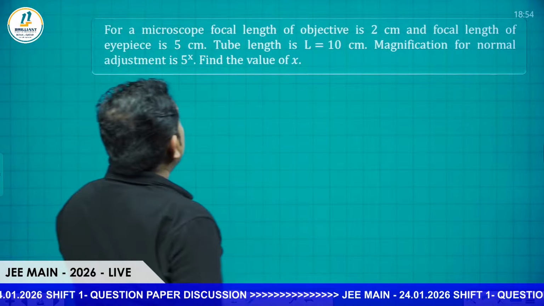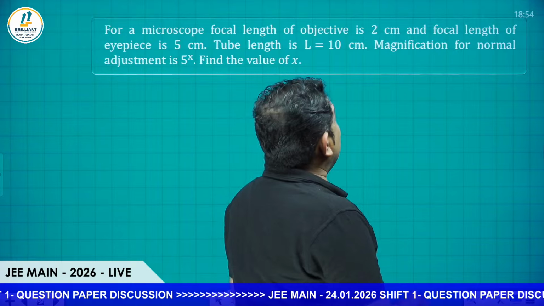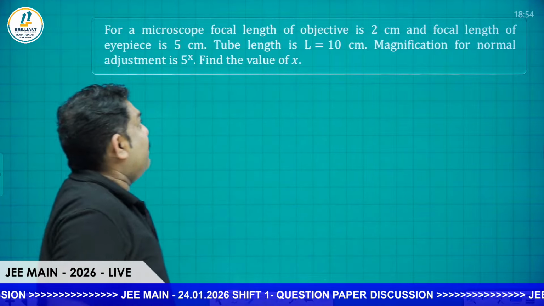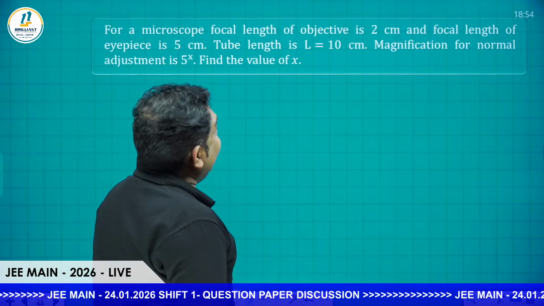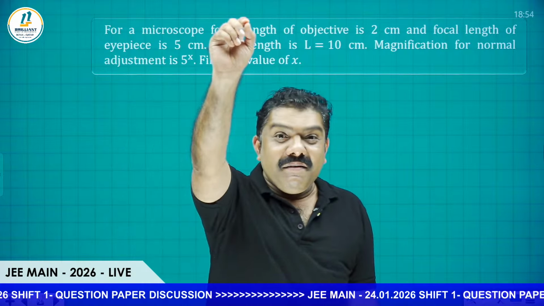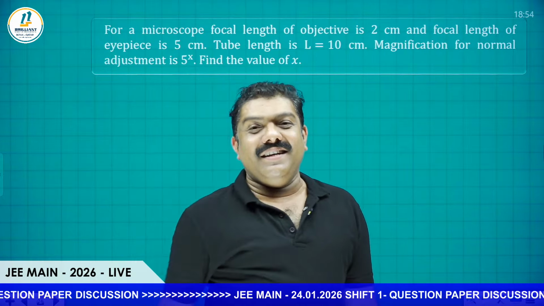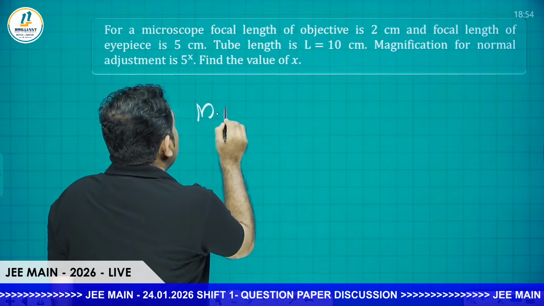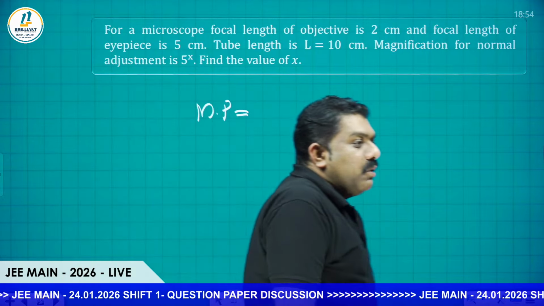Look, for a microscope, the focal length of the objective is 2 centimeter and the focal length of the eyepiece is 5 centimeter, the tube length is L equal to 10 centimeter. Magnification for normal adjustment. We explained many times the magnifying power equation. What is the magnifying power equation?